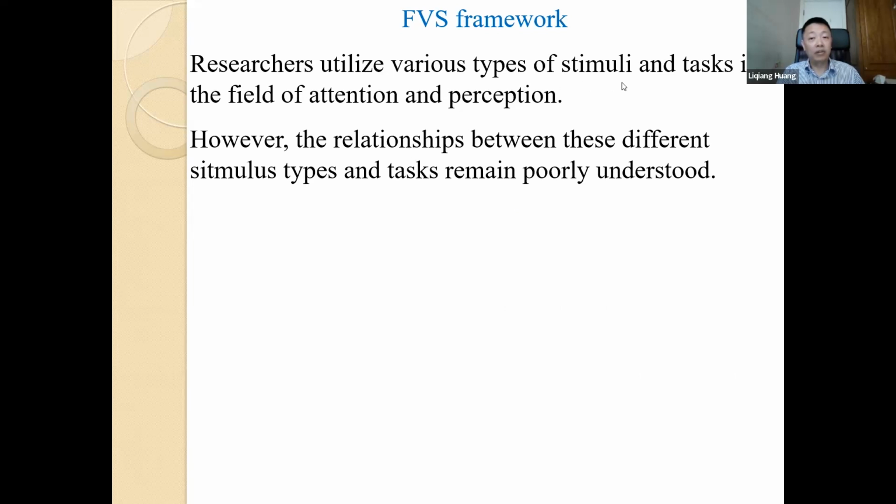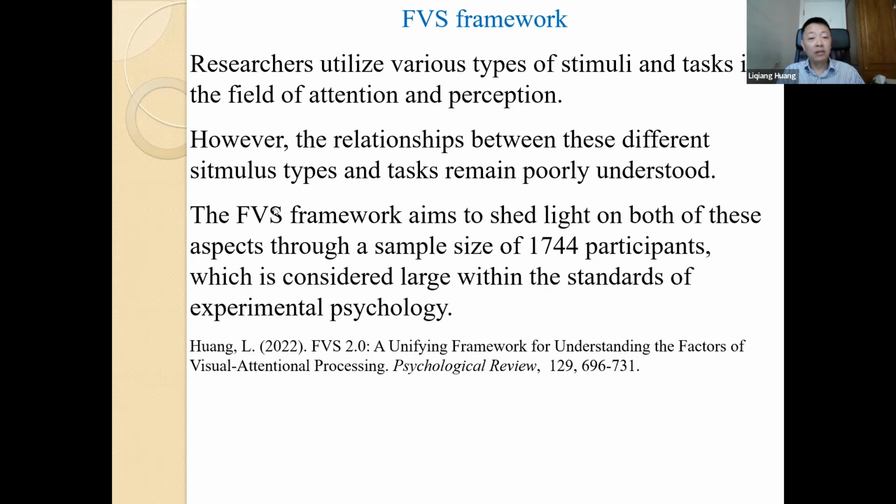So what is the FVS framework? Basically, researchers utilize various types of stimuli and tasks in the field of attention and perception. However, the relationships between these different stimulus types and the tasks remain poorly understood.